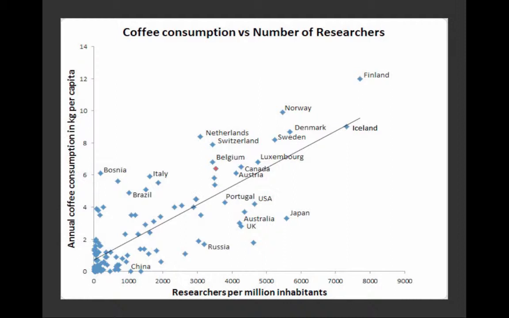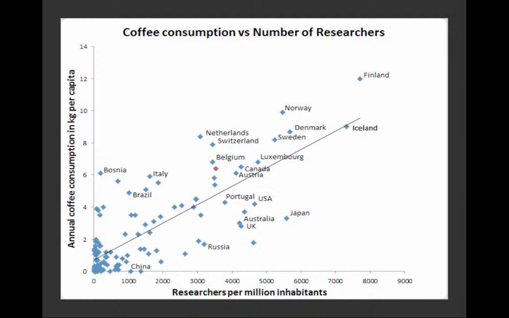And yet again, if you step back and you think, well, why would drinking more coffee produce more researchers? In fact, it may not. If you take a look at only the top half of the graph, what you would see is the countries that have the most researchers per million inhabitants, which also happen to be the countries that drink the most coffee.